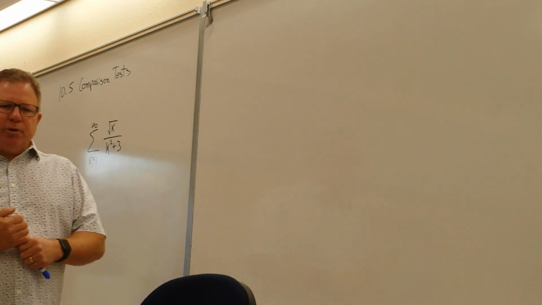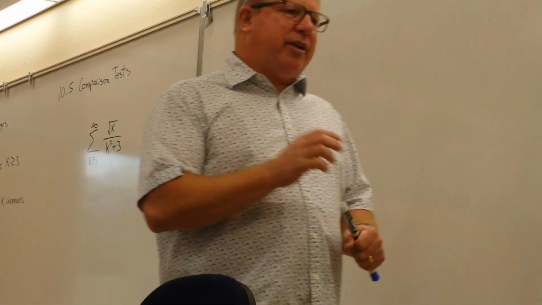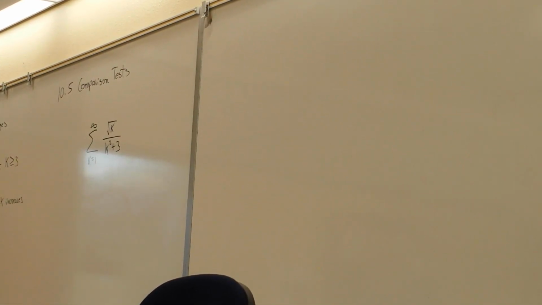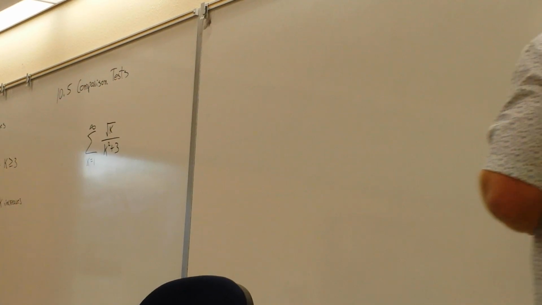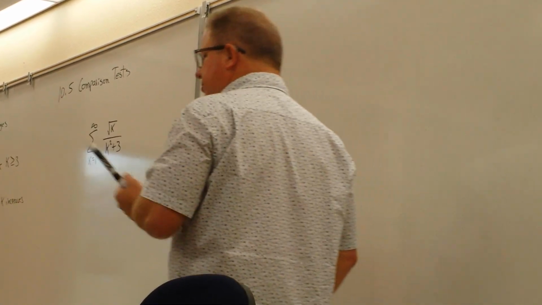So think of a series that behaves like it. Determine if that series diverges or converges, and then see if you can use it to prove divergence or convergence with this series. I'll just let you think about it for a little bit here. Try something, try some stuff.